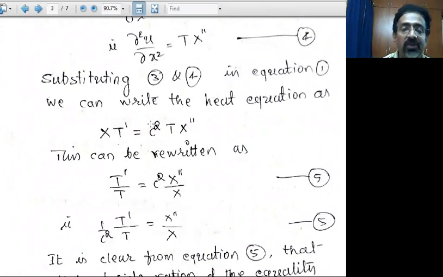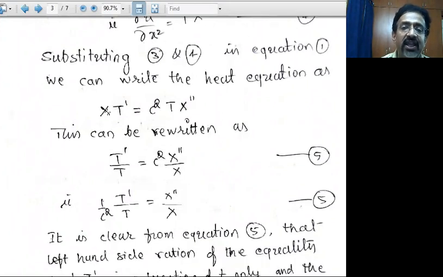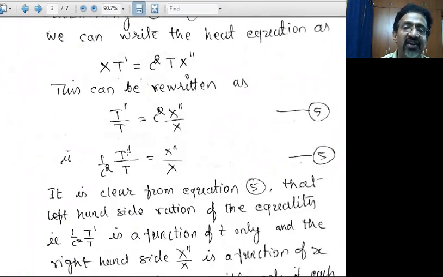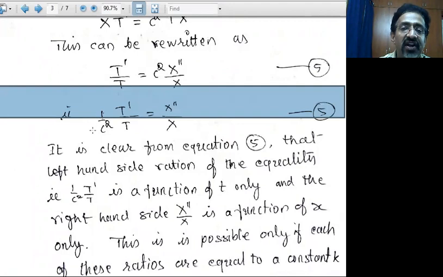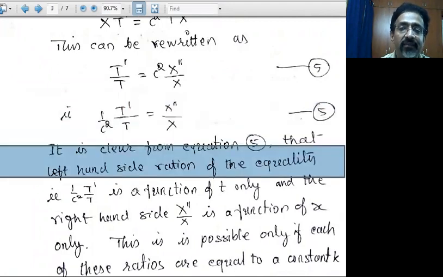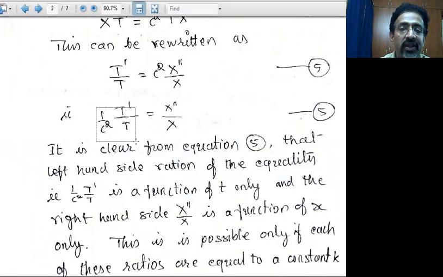Now I'll try to separate the variables. I bring the c squared times T to the left hand side, then I shift this X to the right hand side. So 1 by c squared times T dash by T is equal to X double dash by X. Now if you observe this equation, 1 by c squared T dash by T is a function of t only, function of time only.